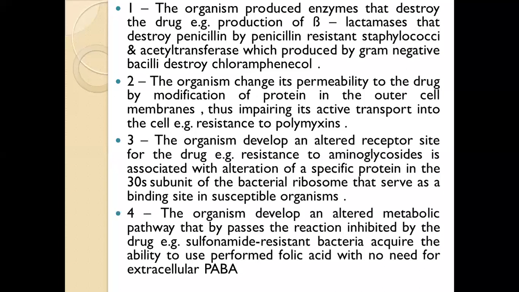The first mechanism is the ability of the organism to produce enzymes that degrade the drug, such as the production of beta-lactamase enzymes that destroy penicillin in penicillin-resistant staphylococci. Staphylococci, such as Staph aureus, are able to produce a variety of types of beta-lactamase enzymes, and can destroy a wide range of antibiotics by degrading the beta-lactam ring present in the structure of the antibiotic, leading to development of resistance.